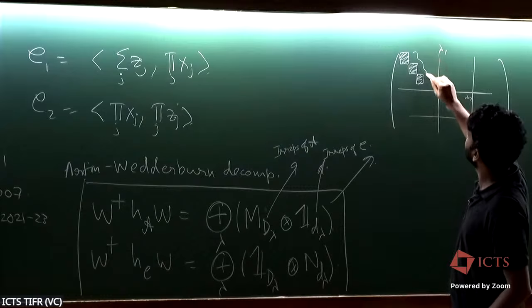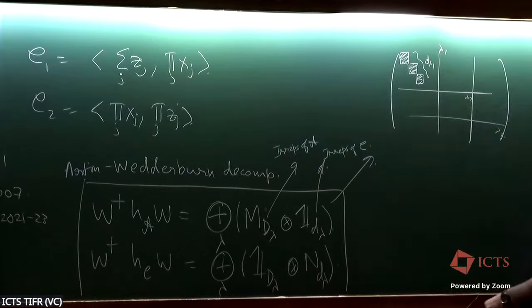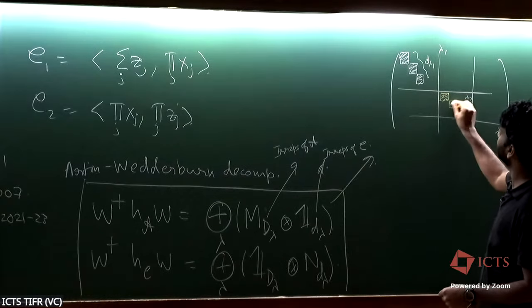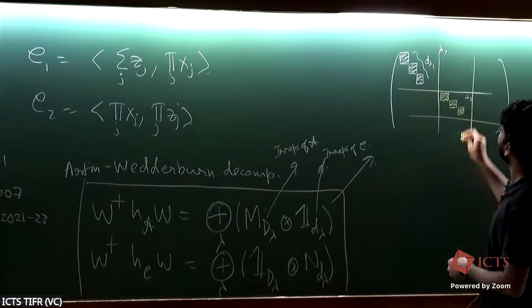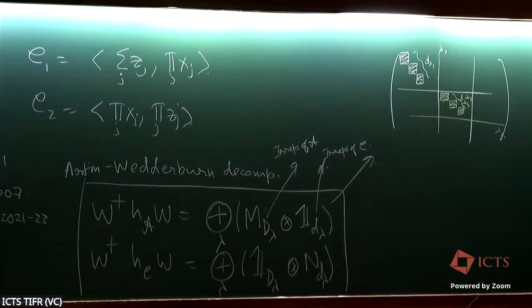So this is being repeated d lambda 1 number of times, and within lambda 2, there is some other matrix which is being repeated d lambda 2 number of times, and so on. There are similar things here.